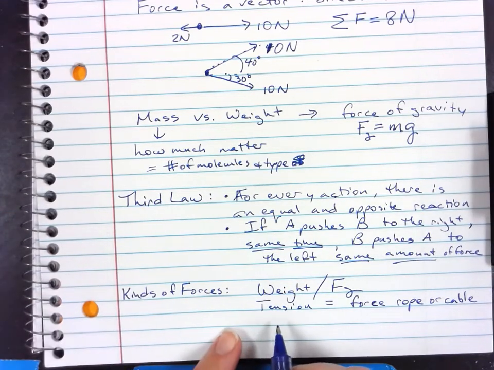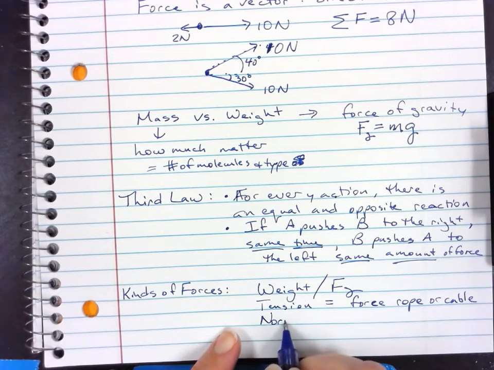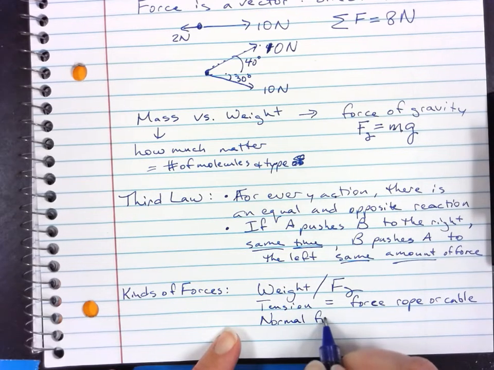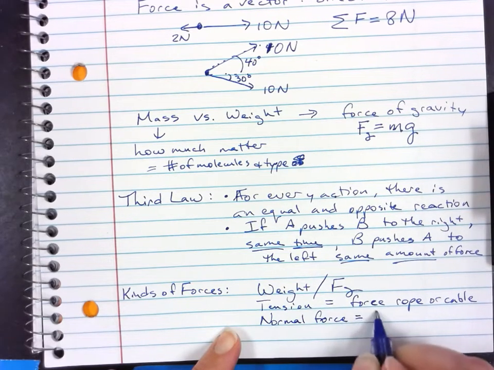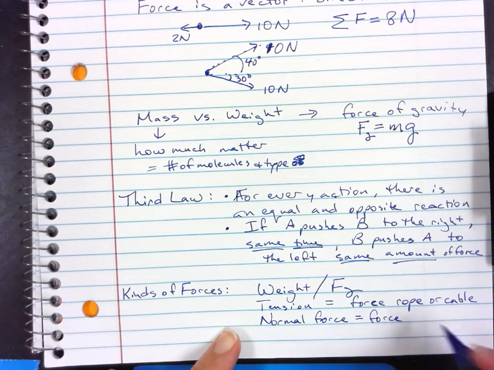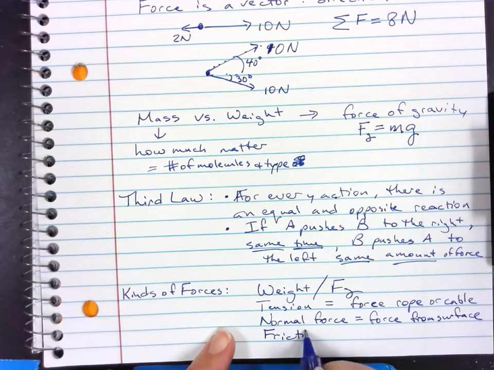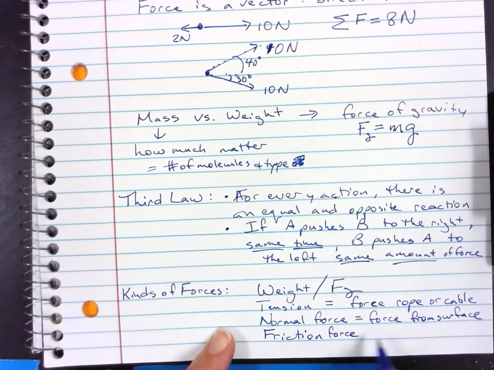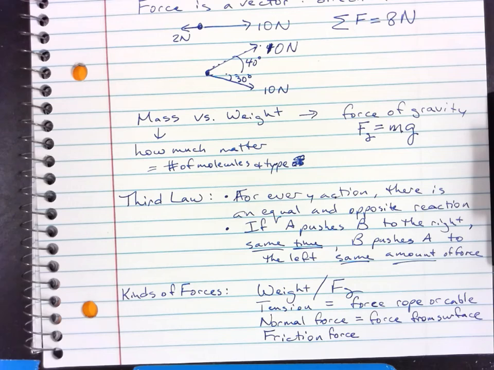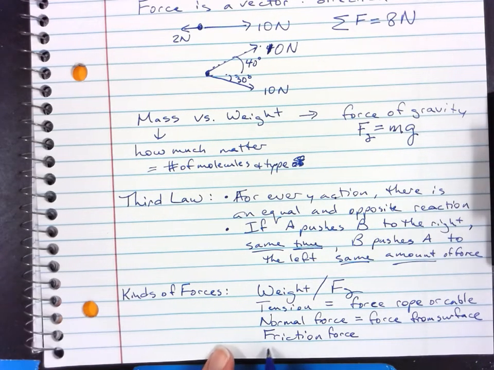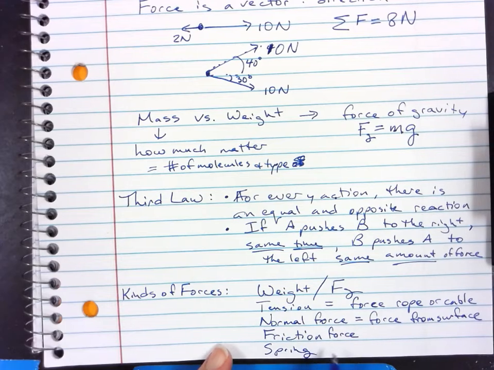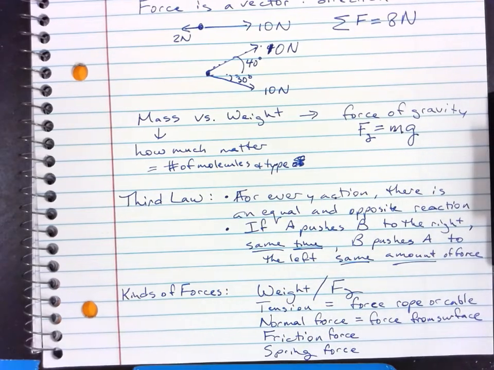We have normal force, which is force from a surface like the floor or the table. We have friction force, which we will talk about in a couple of units. The first couple of assignments are frictionless. We'll get to friction later. And then we do have spring force, the force from the spring.